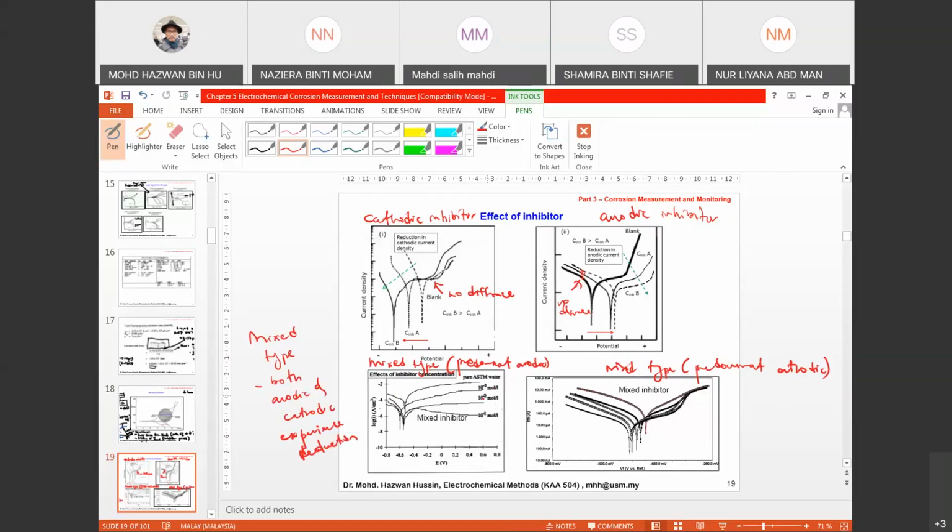But over here you will see it majorly at anode as compared to cathode. And while over here you will see that it is having more difference at cathode as compared to anode. Any questions so far? Anything that you would like to ask?